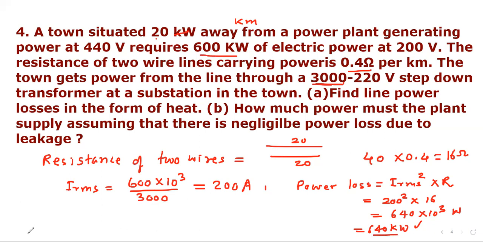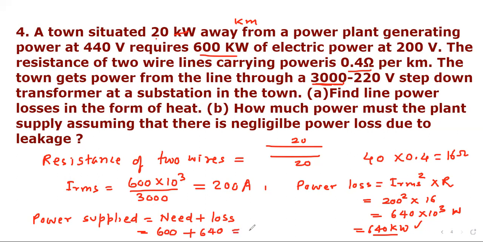So we can say the power supplied must be equal to need or demand plus loss. So the need is 600 kilowatt plus the loss of 640 kilowatt. So that will be 1240 kilowatt. This is our answer.